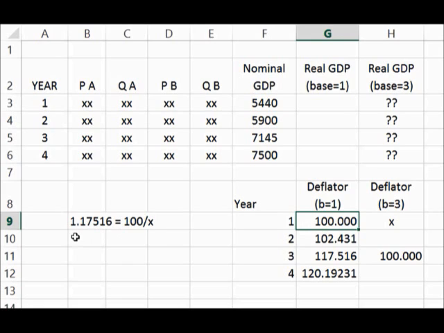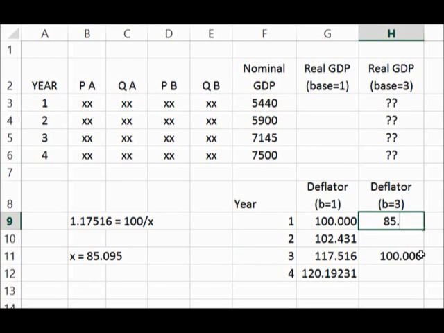That has to be equal to 100 divided by x. And with a little bit of cross multiplication, pause for a second. I calculate that to be 85.095. So that's the value of our new price index in year 1 when year 3 is the base year.